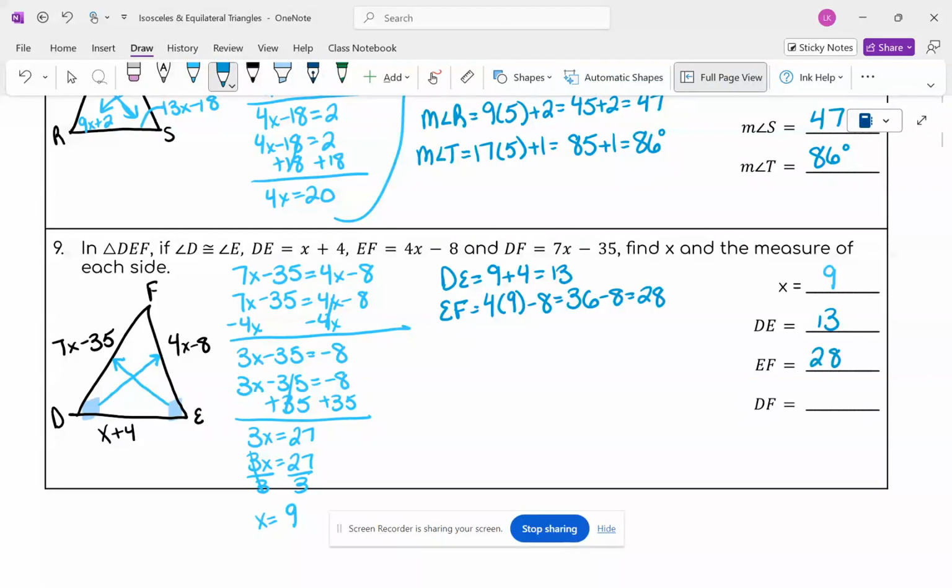And then you can either put that right in for DF, or if you want to confirm that you're good, this is 7 times 9 minus 35. 7 times 9 is 63. I don't know why I wrote minus 8, because that should be minus 35. Is indeed 28. And you're good to go.